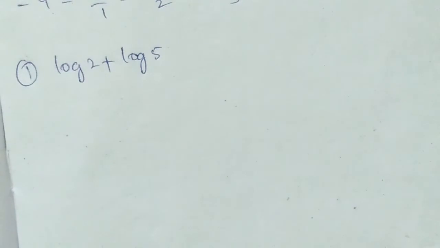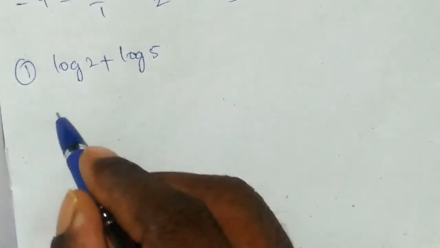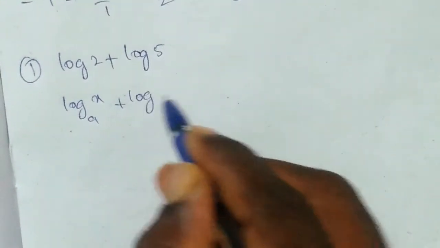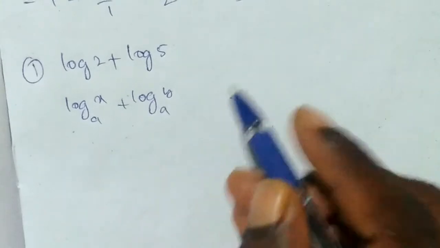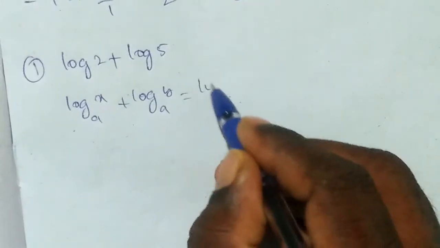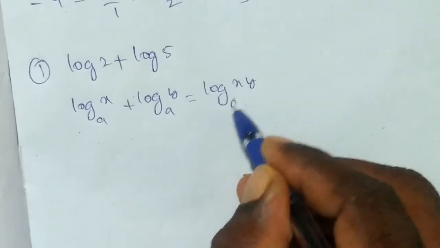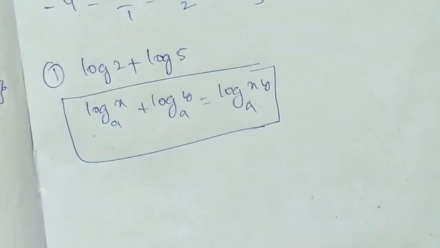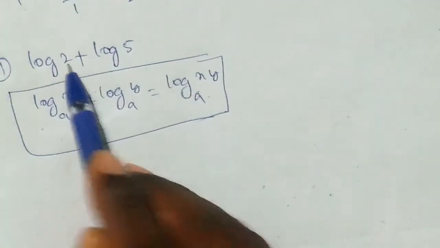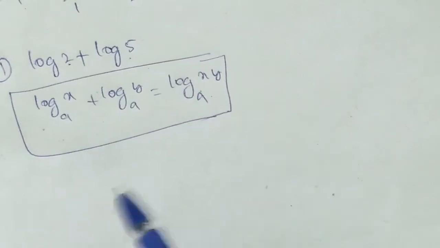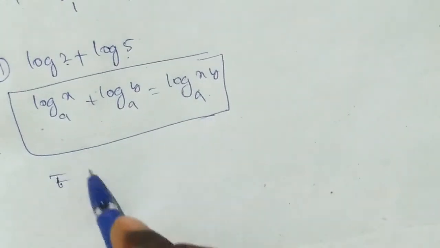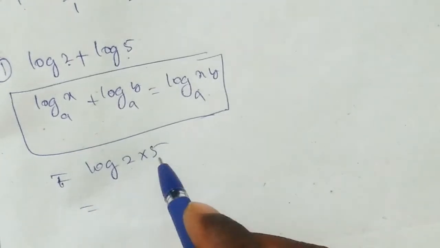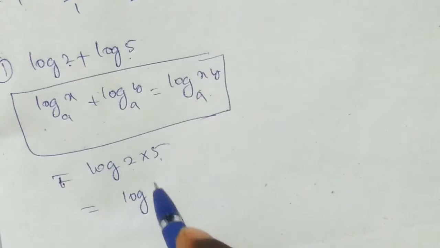Log 2 plus log 5. So we have log x base a plus log y base a, and I am going to use this property. Here x is 2, y is 5. So that is equal to log 2 into 5. 2 fives are 10, so it is log 10.